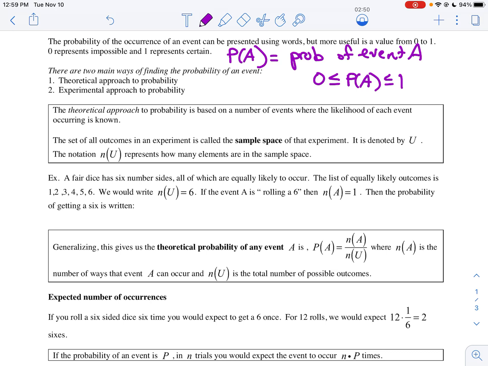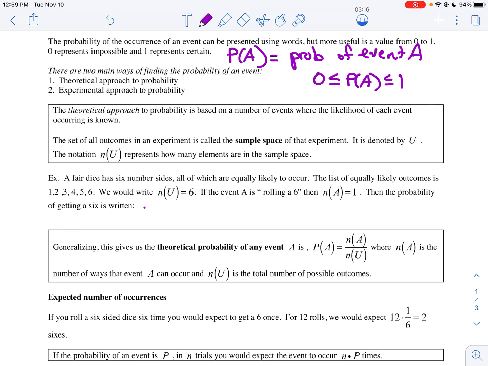A fair dice has 6 sides, all of which are equally likely to occur. The list of equally likely outcomes is 1, 2, 3, 4, 5, 6. We would write N of U equals 6. If the event A is rolling a 6, then the number of elements in that event would be 1. There's only one 6 on a dice.